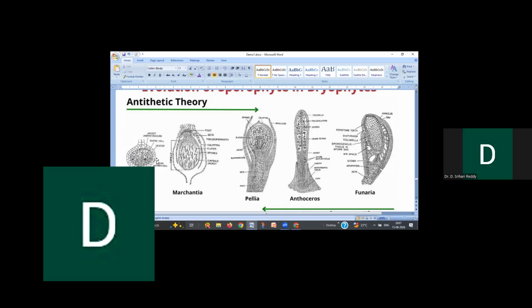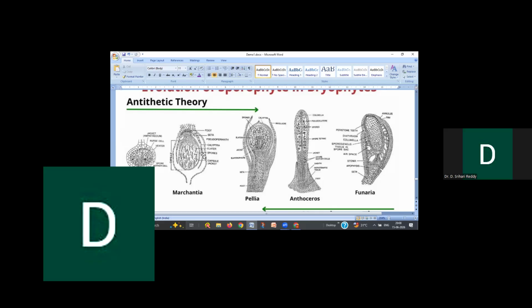Here, if you see the sporophyte in Riccia, most of the sporophyte contains the sporogenous tissue. That is called fertile tissue. If you keep on looking from Marchantia to Funaria, the content of the sterile tissue keeps on increasing.